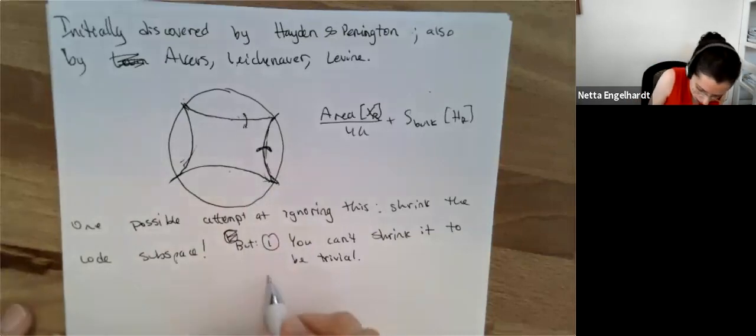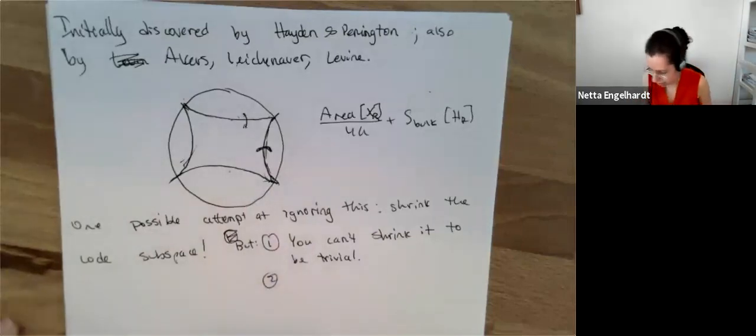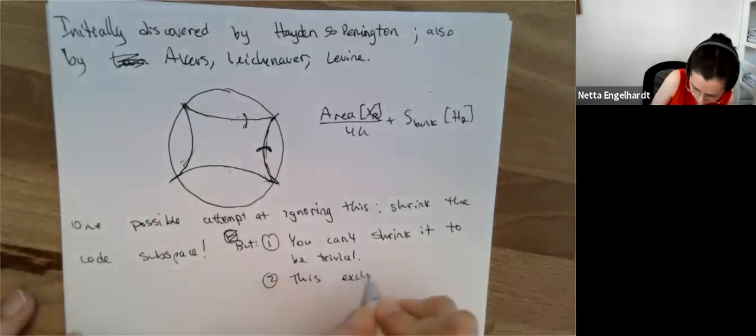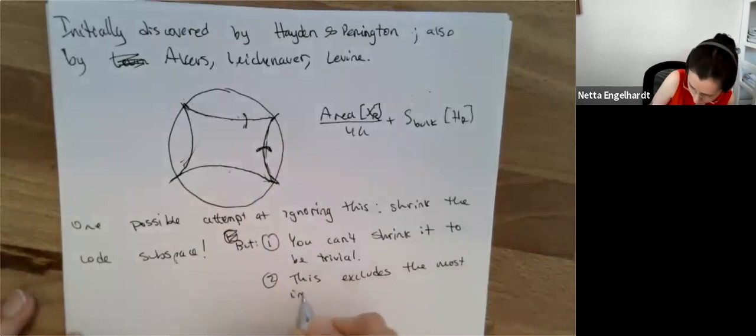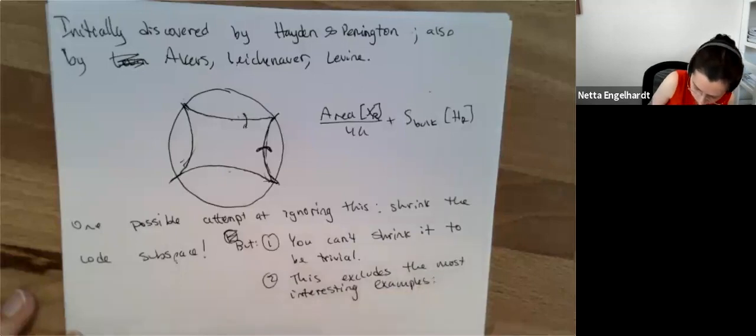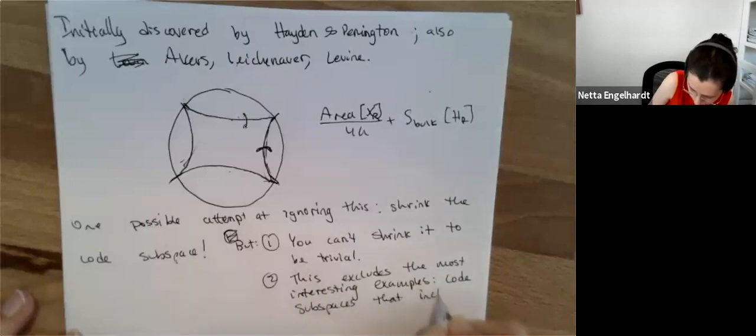Of course, the second reason, which is a much, much better one, is that this excludes the most interesting examples. Code subspaces that include, for instance, typical black hole microstates.